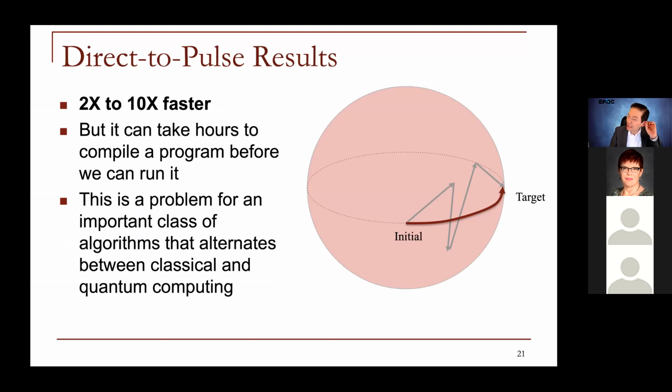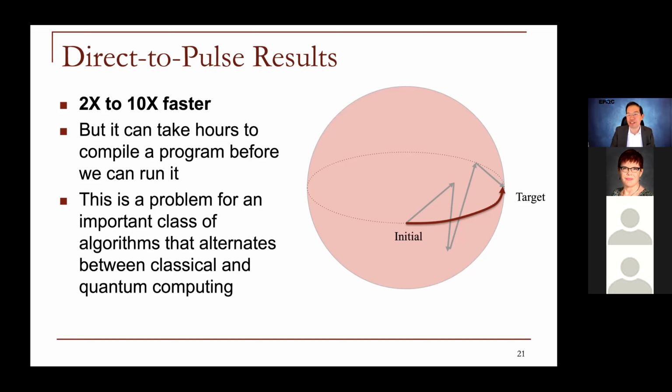And the idea is that if you think of this as an initial state to a target state, here I've shown on a sphere, right? When we compile instruction by instruction, we have this fairly indirect path, which is shown by the gray arrows. But instead, when we use the optimizer, which incidentally is very expensive, we get a more direct path.